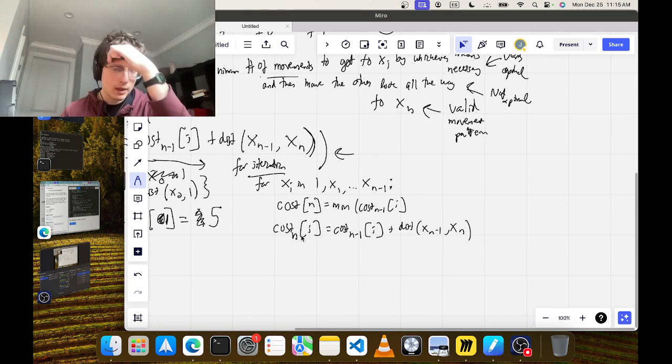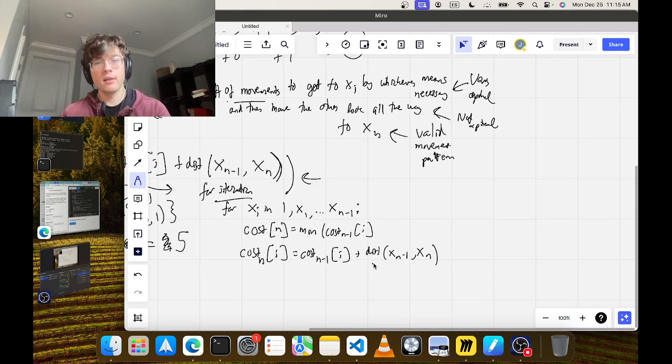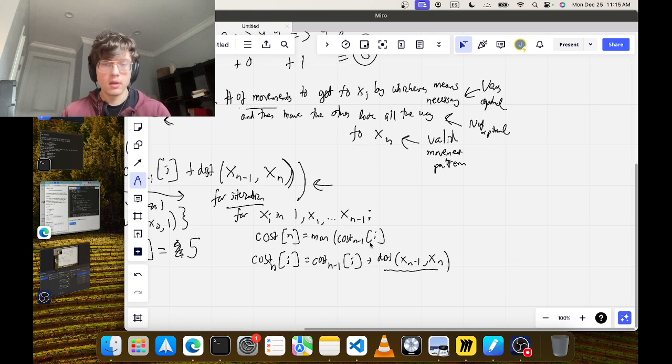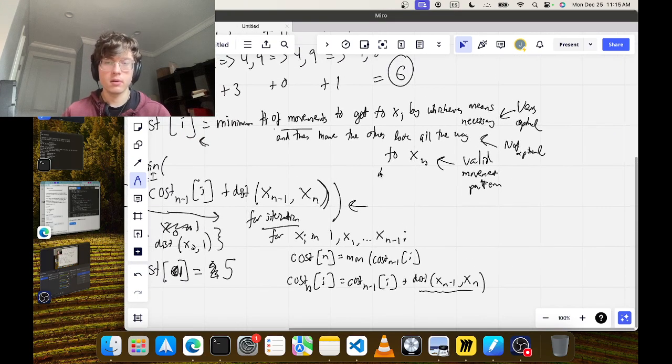So we're updating this value for i by adding the not optimal thing of moving the last lock. We fixed the lock so that it only gets to i, the one that we want to get to, and finally the second lock we have to move one step further from xn minus 1 to xn. Hopefully that makes sense. Why do we need to update it? We just do, because that's the way we define this definition.